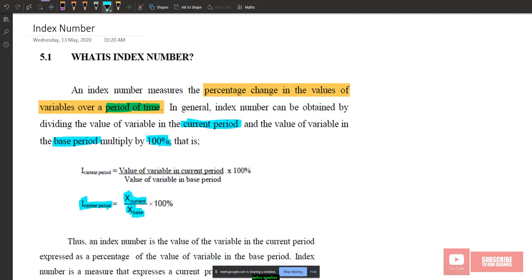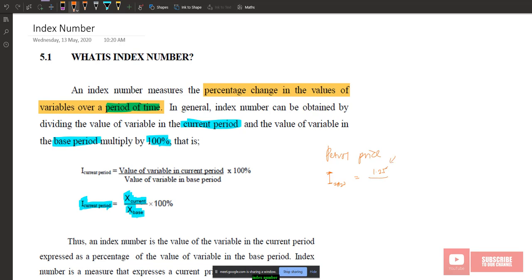For example, let's say we want to compare the price for petrol, right? Petrol price. So we want to know the index number of the petrol price for year 2020 compared to year 2019. For example, let's say the current price is 1 ringgit 25 cent for RON 95.